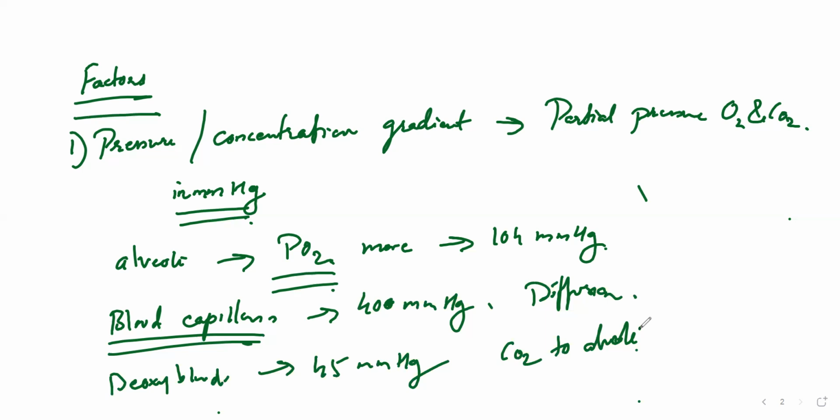That carbon dioxide diffuses into the alveoli and is finally exhaled. So the diffusion of oxygen is to the capillaries and of carbon dioxide to the alveoli. This all depends on the concentration gradient. That is the first factor.